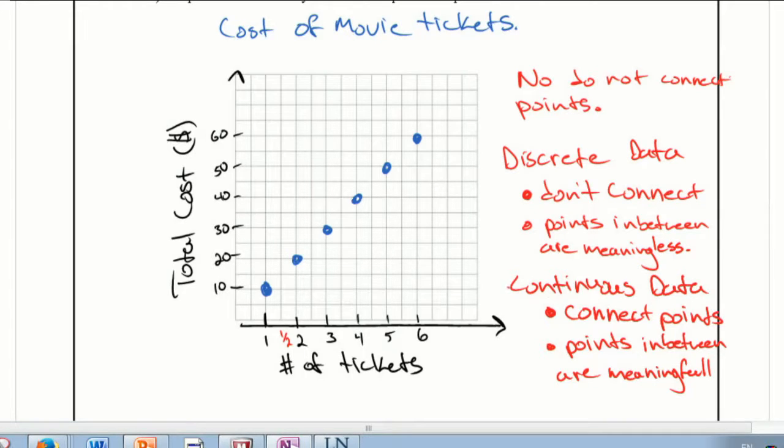So these are the sort of 2 scenarios we're going to run into with our points. Sometimes we connect, sometimes we don't. You just need to kind of determine whether it makes sense to connect or not.